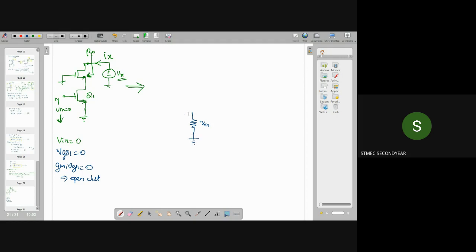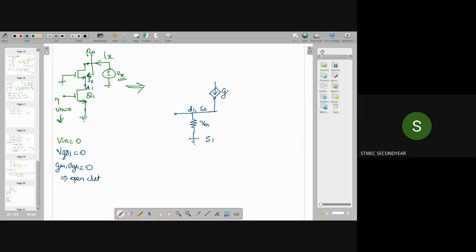So this is my source 1, and this is my drain 1. To this drain, D1, which is the same as source 2, that is the source of this common gate configuration, you will be having the equivalent circuit of Q2.